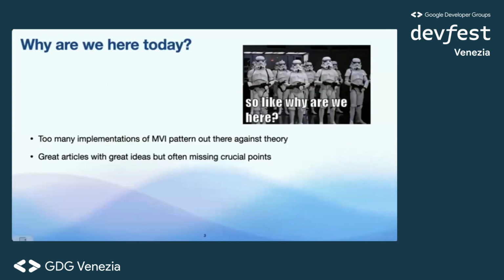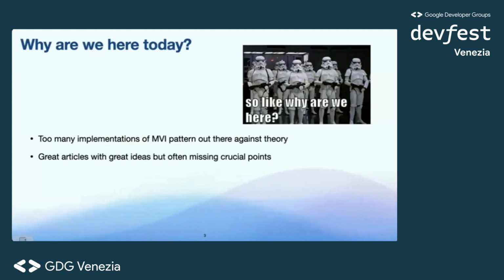Great, perfect. What we want to show you are the difficulties that we found implementing this architectural pattern, and the possible missing crucial points that we found in literature and in the different articles on the internet.